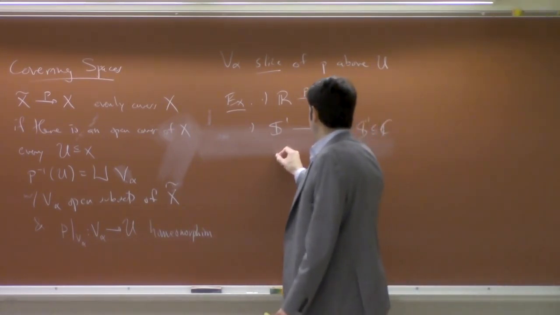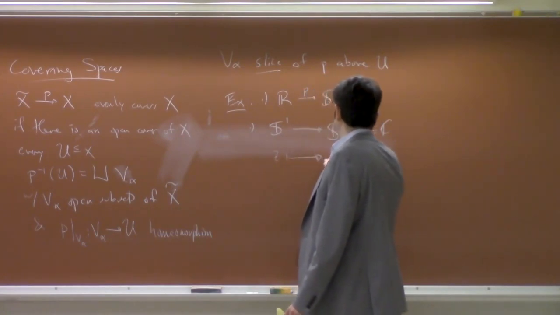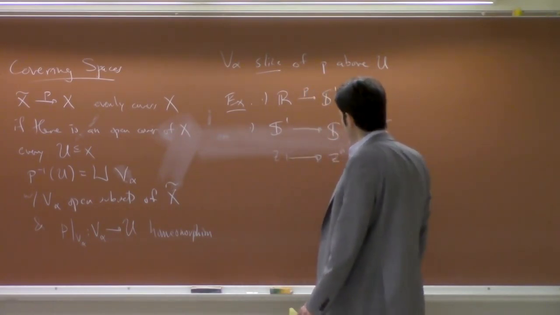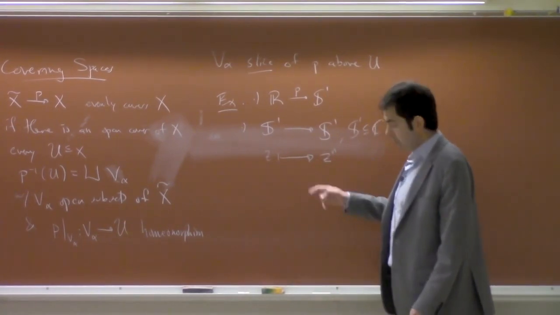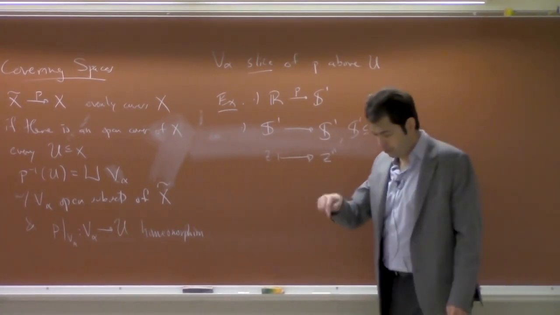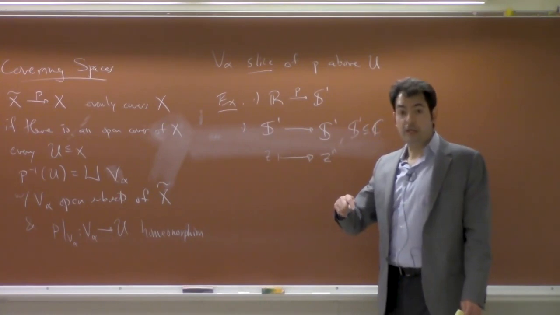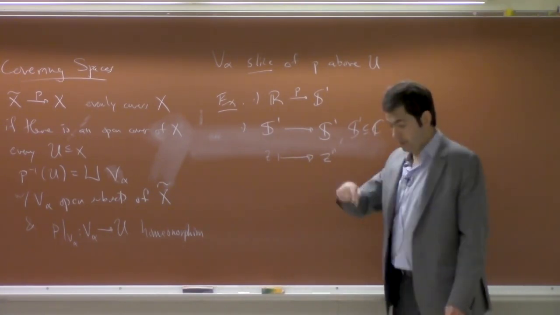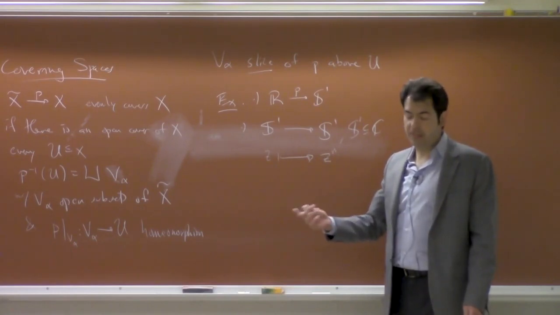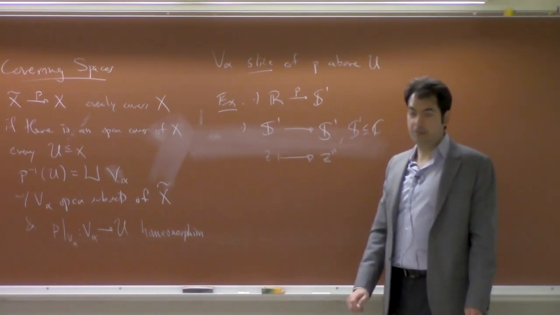And then you map the circle to itself by just raising a complex number to the nth power. So in terms of how we were thinking about the circle in R2, this, of course, is just going around the circle n times, either clockwise if n is negative, or counterclockwise if n is positive.